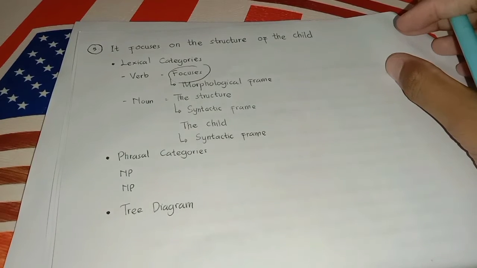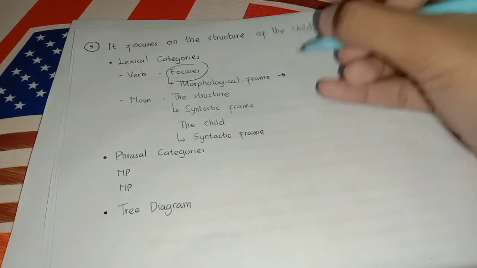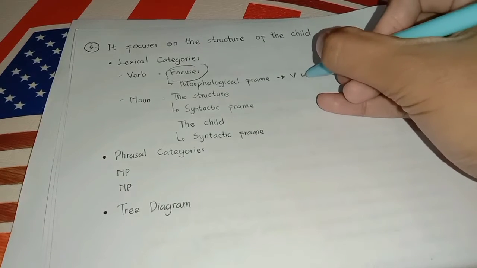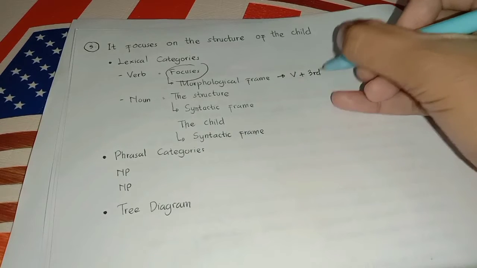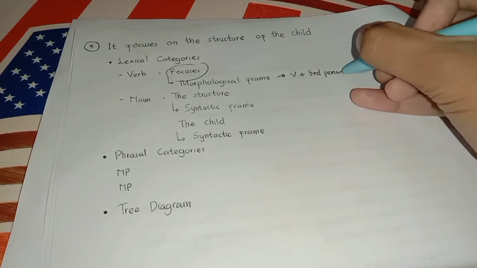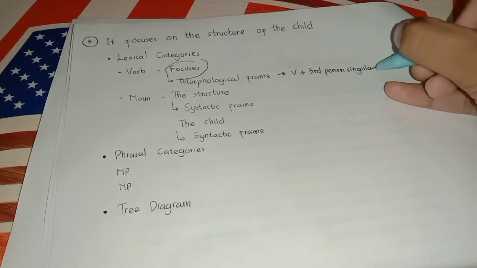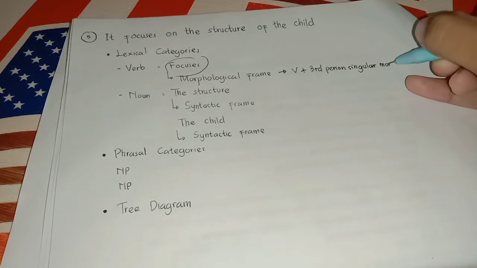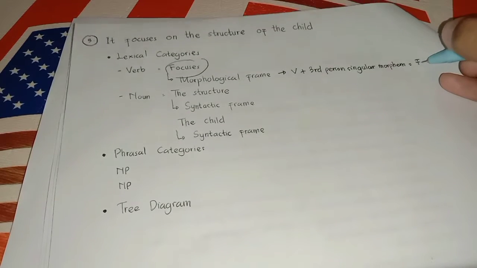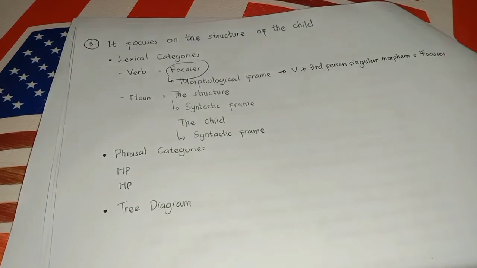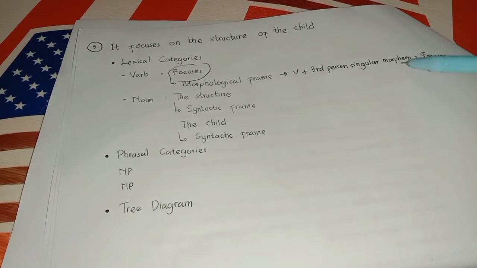I included it in the morphological frame because it is formed by verb plus third person singular morpheme, so that it becomes "focuses." In this occasion, "focuses" is a verb.